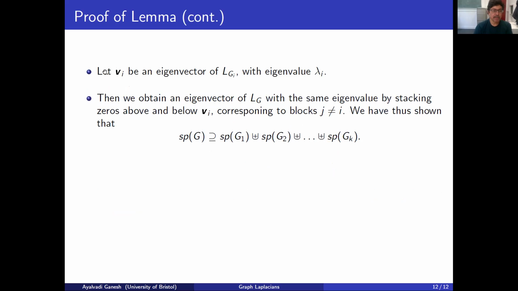So we can take this eigenvector Vi of the block LGi, and we can construct an eigenvector of LG by stacking zeros above and below Vi. For every eigenvalue lambda i of LGi, we have an eigenvalue lambda i of LG with the modified eigenvector.